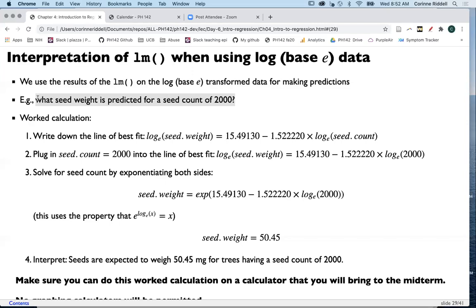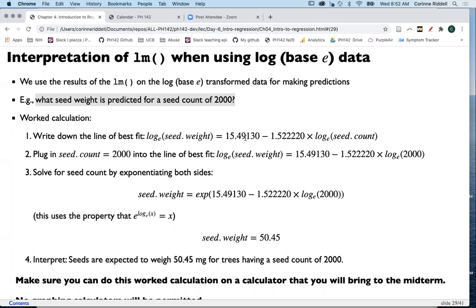So you take your linear model formula, your line of best fit formula, and you plug in what you know. That formula was y equals a plus bx. Here y is the log of seed weight. The a is the estimate of the intercept term from that R output, which was 15.49.